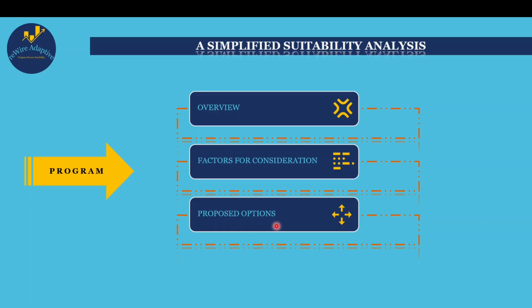This is my view based on my study, which is why I have given the proposed options. The options that I'm going to present are suitable for automation practice, and equally applicable for enterprise-level implementation as well. So this is the quick agenda, the quick program that I have.